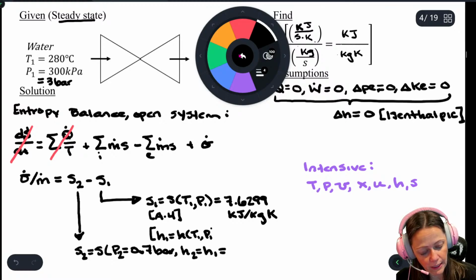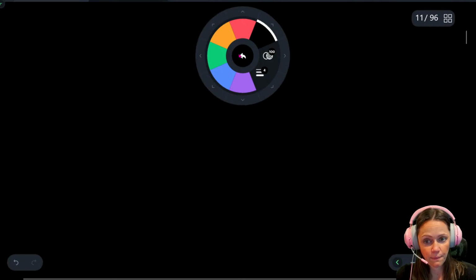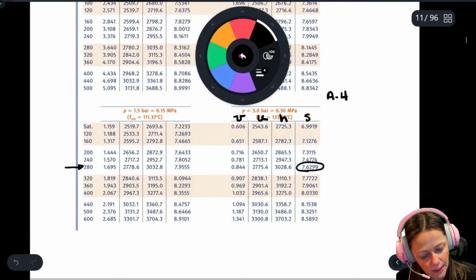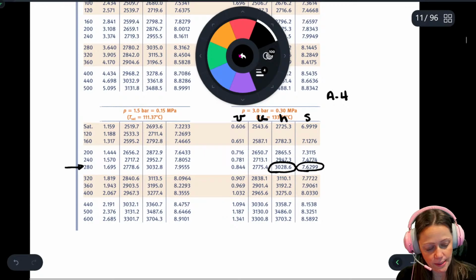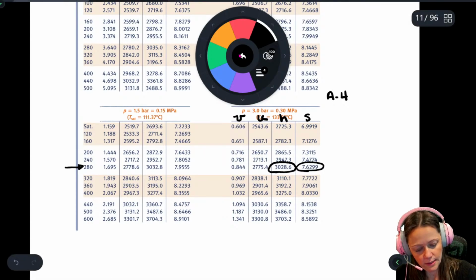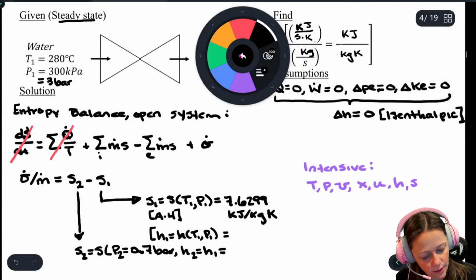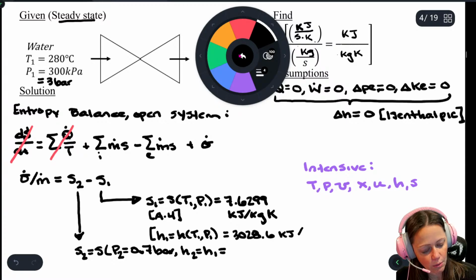So I'm going to go back exactly where I was in those superheated tables. So there's my H value, 3028.6. Go ahead and write that down, 3028.6, and that's kilojoules per kilogram.